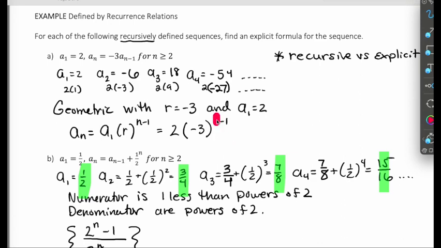So when I plug in 3 here, I get 3 minus 1 is 2. Negative 3 squared is 9, and 9 times 2 is 18. So that works. And then I definitely suggest you try to spot check it more than once. But for the purposes of time, I'll let you guys do that.